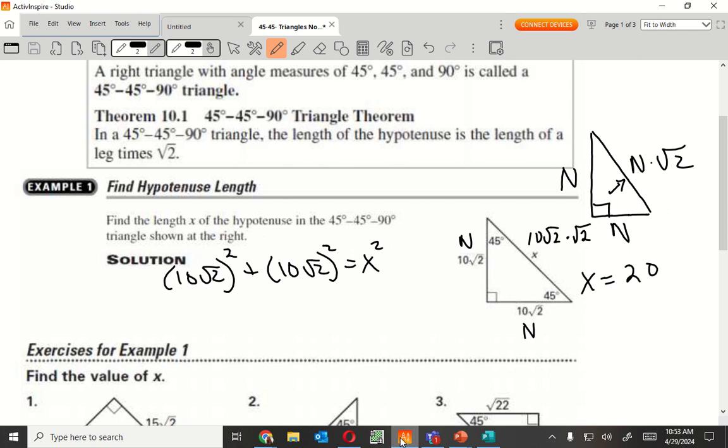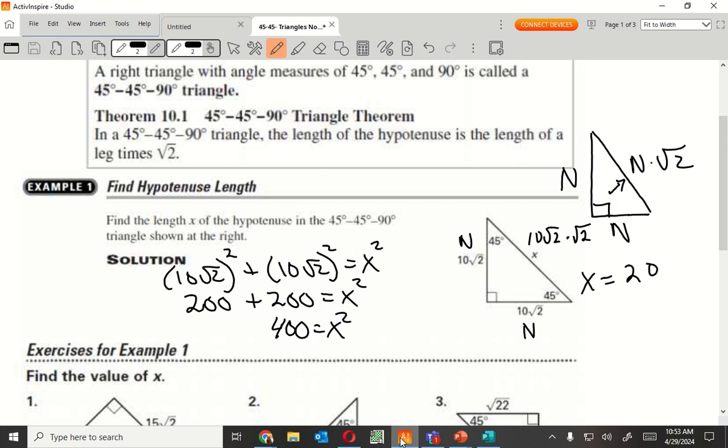So, given this information right here, I square each one of those. When I square the square root of 2, I end up with just 2. And when I square 10, I get 100. So it's 100 times 2. This gives me 200, plus 200, so I get 400 is equal to x squared.